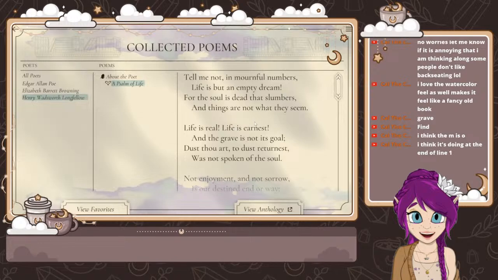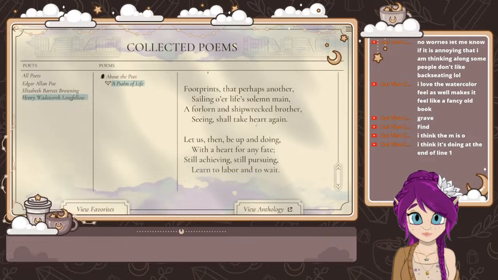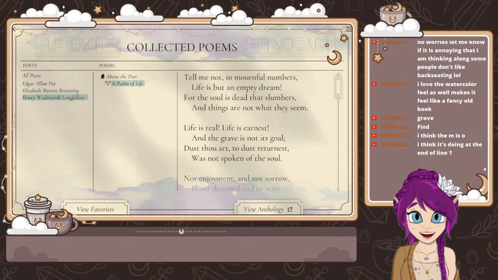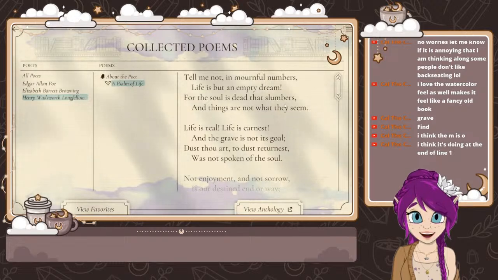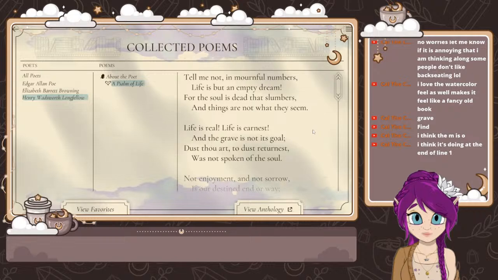Let's read the entire poem, and we missed quite a few pieces. Henry Wadsworth Longfellow. Tell me not in mournful numbers, life is but an empty dream. For the soul is dead that slumbers, and things are not what they seem. Life is real, life is earnest, and the grave is not its goal.